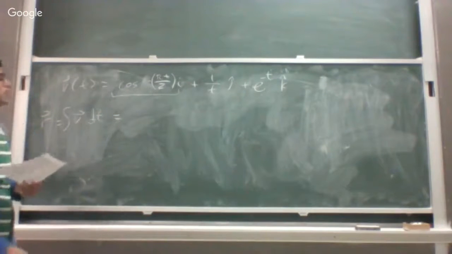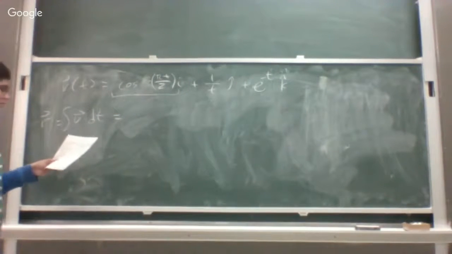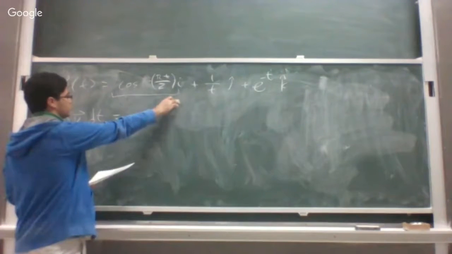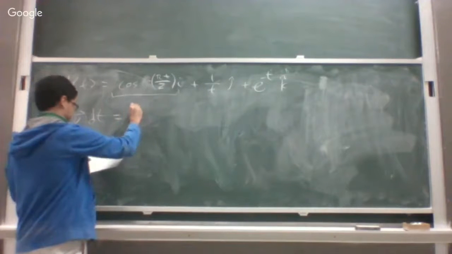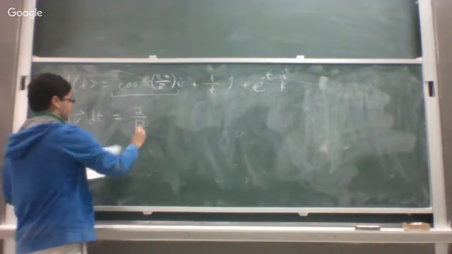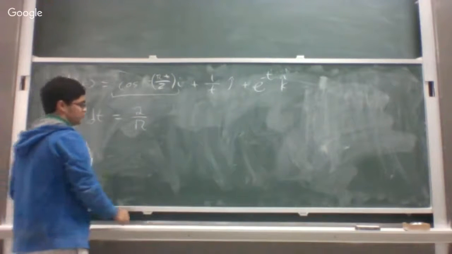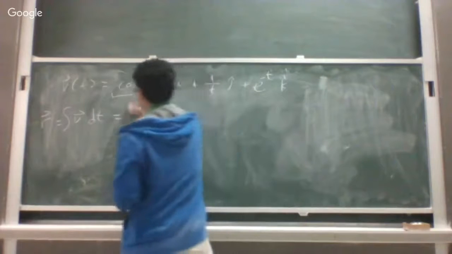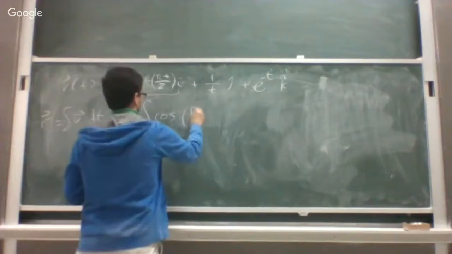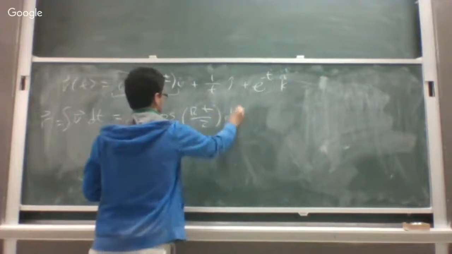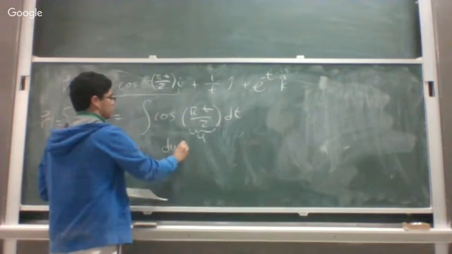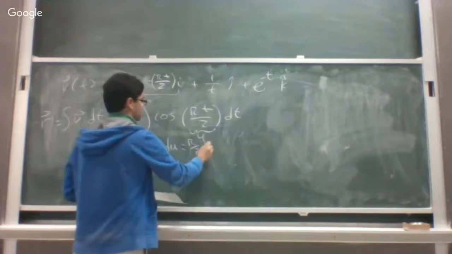So what is the integral of cosine of pi t over 2? If this is our u, our du is equal to pi over 2 dt, right?